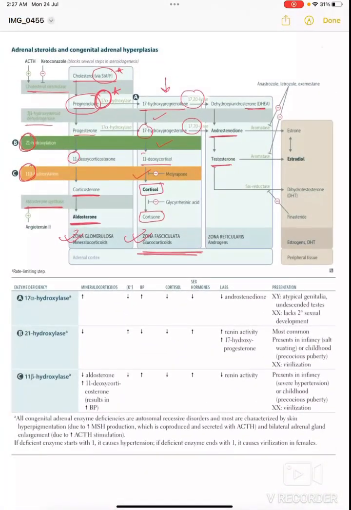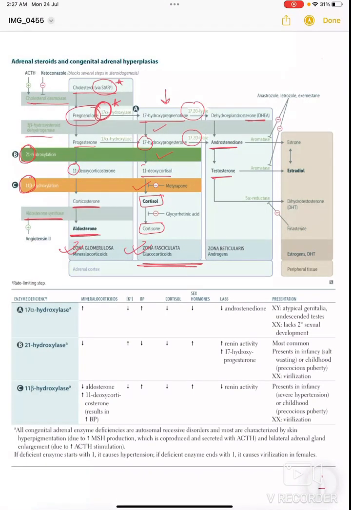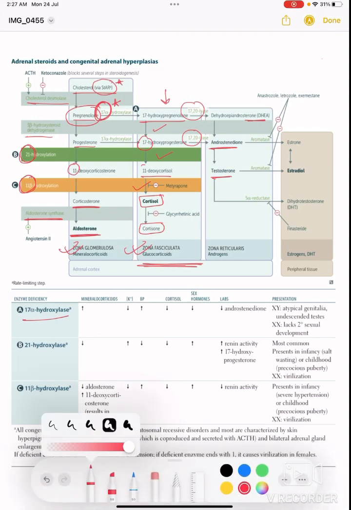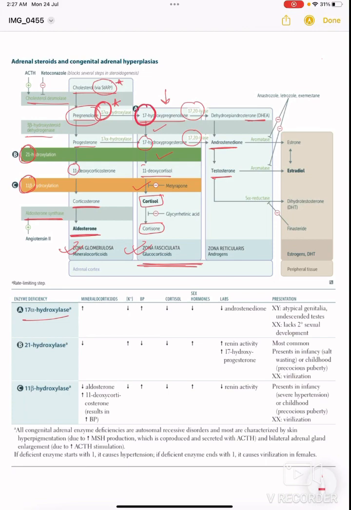Now we are coming to this particular picture and we will see whatever I have told you. See, in 17 alpha hydroxylase deficiency, I already told you, the 17 deficiency is present over here.